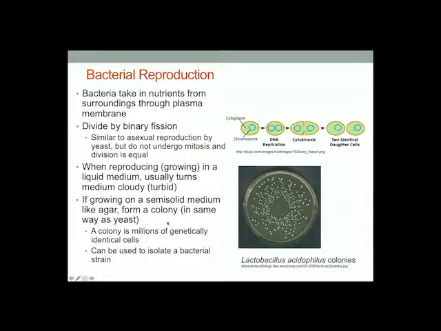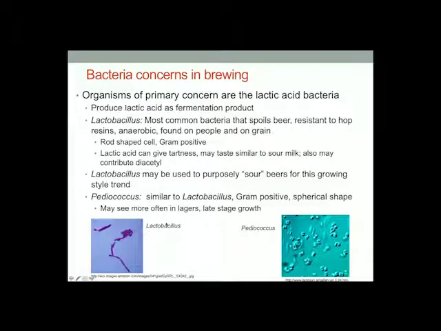So, the concerns of various bacteria in brewing: the ones of most concern are the lactic acid bacteria, and these will produce lactic acid as a fermentation product. One of the main ones is the bacteria that are species of the genus Lactobacillus.